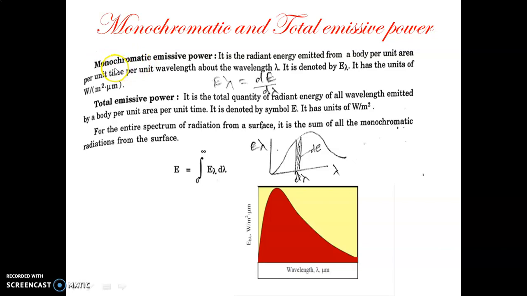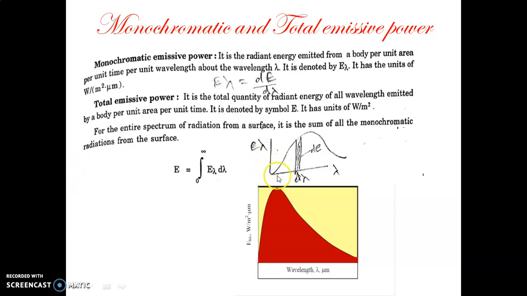If we measure the emissive power of any single wavelength, that is called monochromatic emissive power, and it is denoted as E lambda, with unit watt per meter square micron.